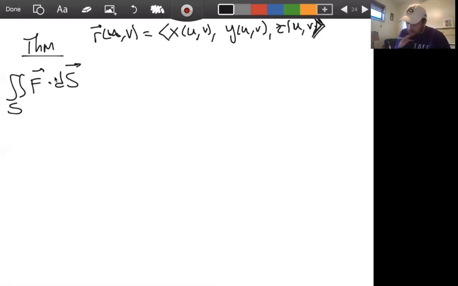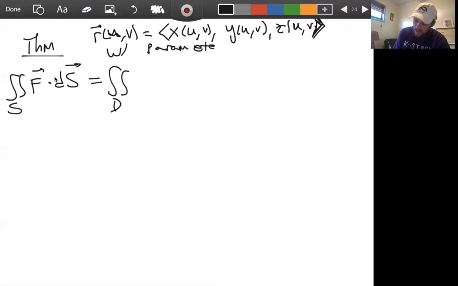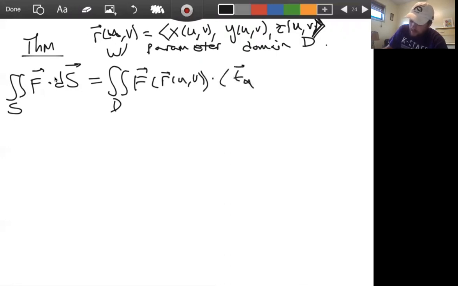Then how we calculate a vector surface integral is the double integral over the parameter domain D: you plug the parameterization into the vector field, and then you take the dot product with the cross product Tu cross Tv, du dv.